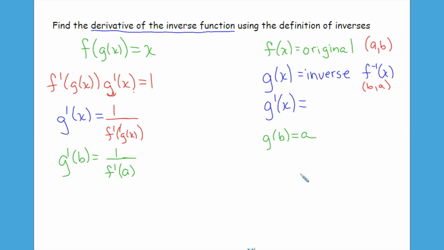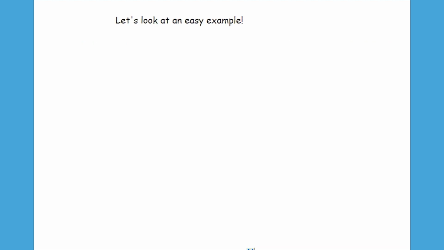All right, so let's go and look at an example of that, because that's kind of cool. I want to see that. So let's take somebody that we know that's very simple, and let's look at f of x being x squared. We're going to choose an easy point like 3, 9, and we're going to let g of x be our inverse.